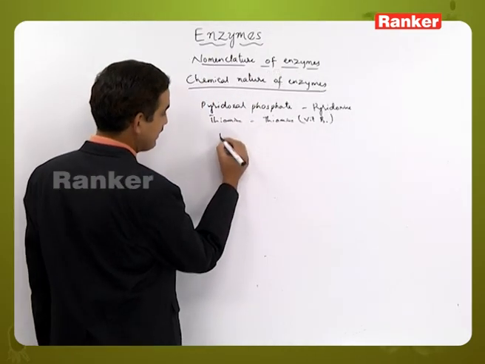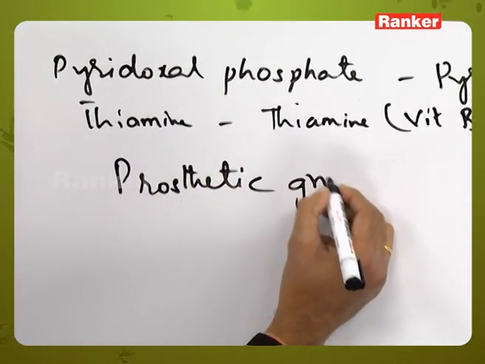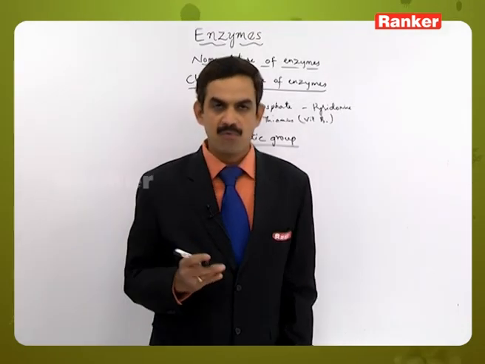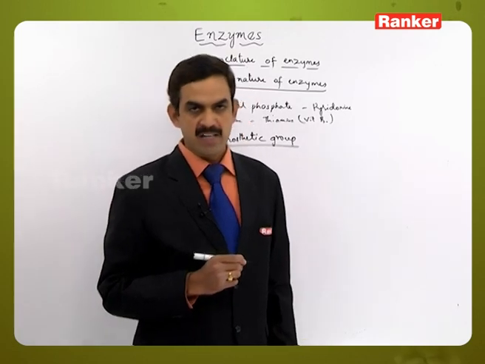Let us see the next one, the prosthetic group. As we have already discussed, a prosthetic group is made up of an organic compound that is tightly bound to the apoenzyme part.